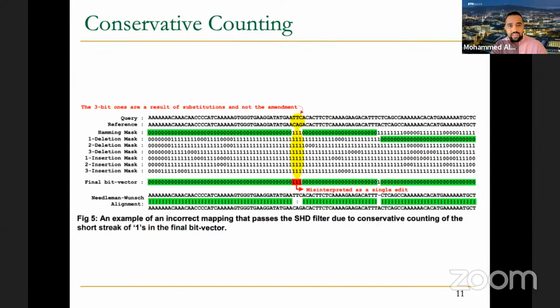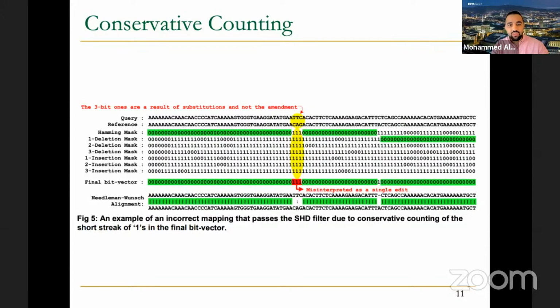We need to guess whether any 3 ones or 4 ones are coming from the amendment of zeros into ones, or whether they are actually coming from a large set of deletions or insertions, for example. So if you got a group of deletions, like 4 deletions next to each other, then those will show up as 4 ones in the final bit vector.